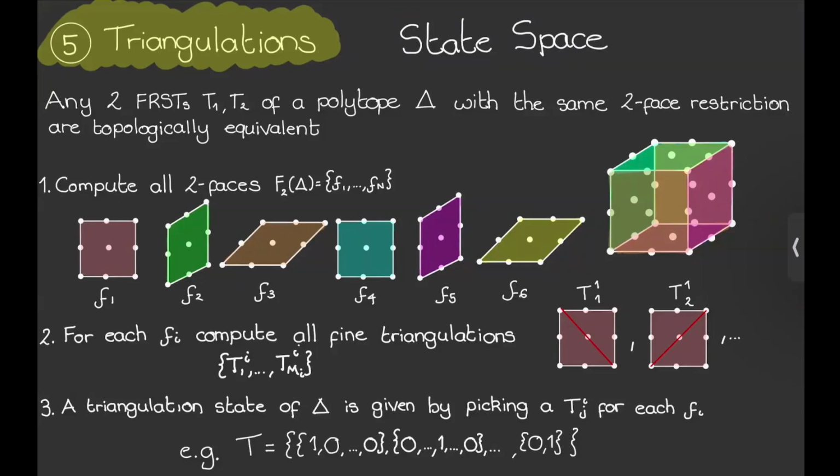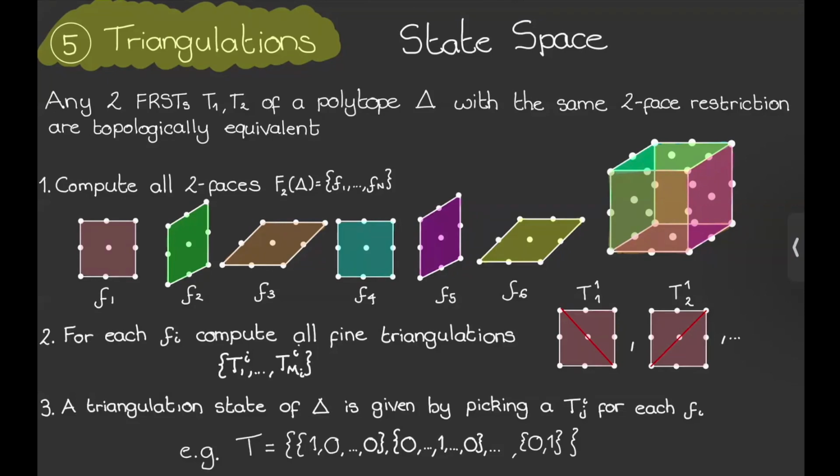They taught me this trick: a consequence of Wall's theorem is that two triangulations of a polytope that have the same two-face restriction correspond to two topologically equivalent Calabi-Yaus. So in that sense, you only really need to consider the two-face restrictions to get all of your topologically equivalent Calabi-Yaus.